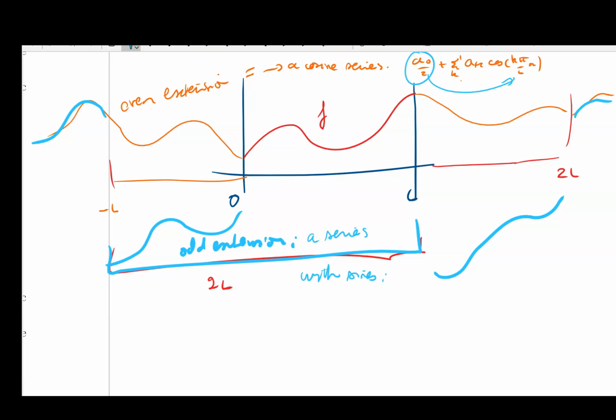Okay, so in my odd extension case, I will get only a series with sines, and my function will be expanded as the sum of b_k sine of k pi x over L, from 1 to infinity.